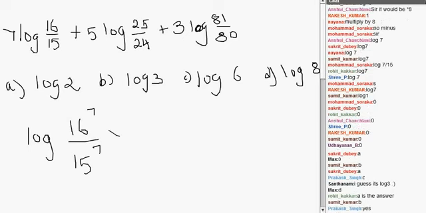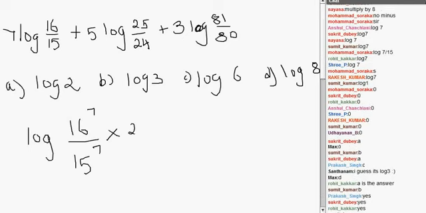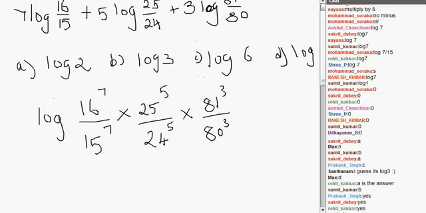Then I have plus, into 25 power 5 by 24 power 5. Again into 81 power 3 by 80 power 3. Am I correct? That's it. This we have to simplify.